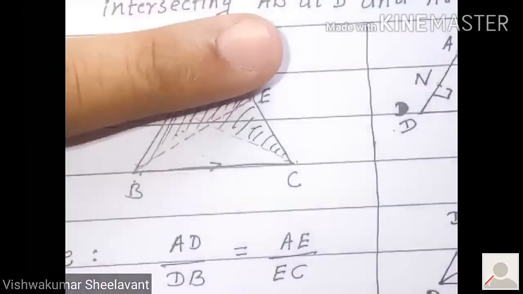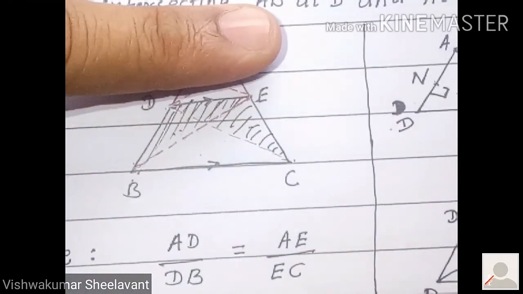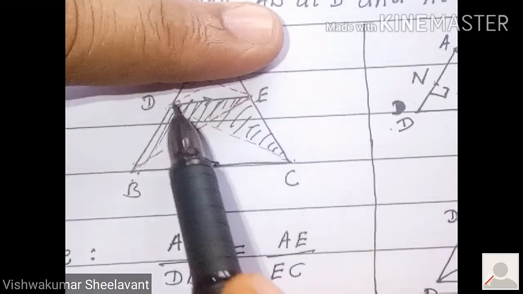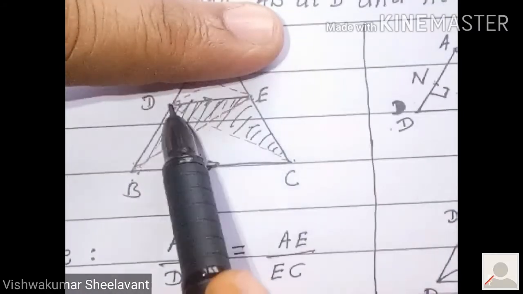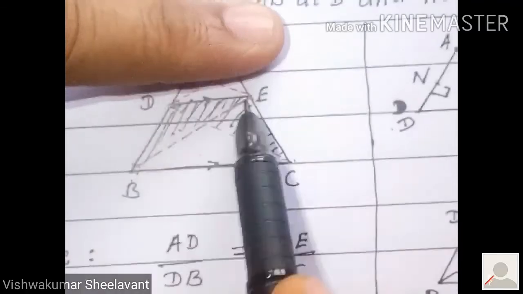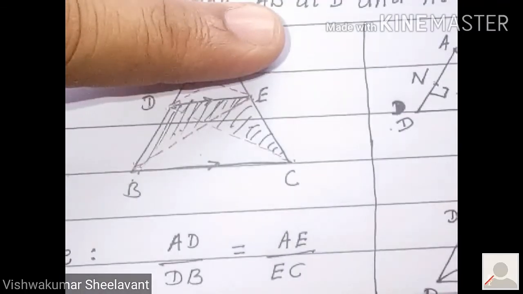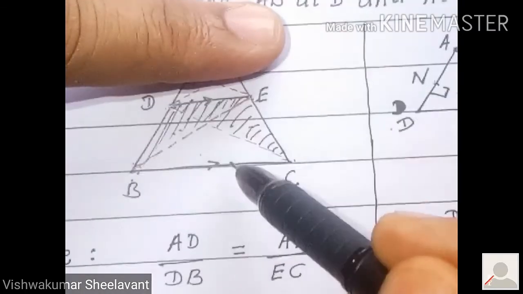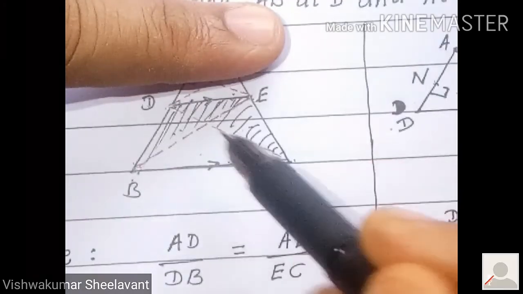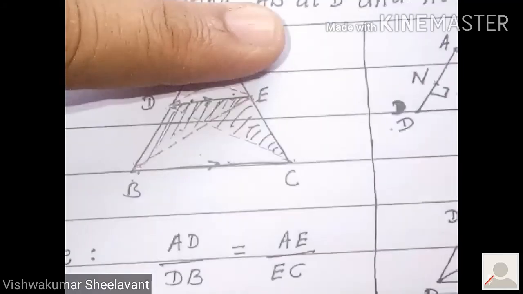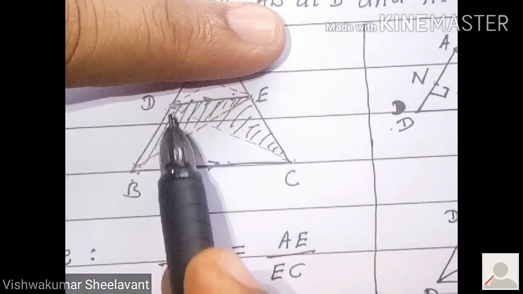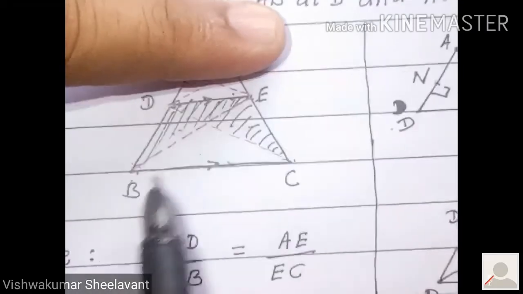If you forget about this, triangles BDE and DEC are having common base DE, and they are standing between the same parallels, because we know that DE is parallel to BC.